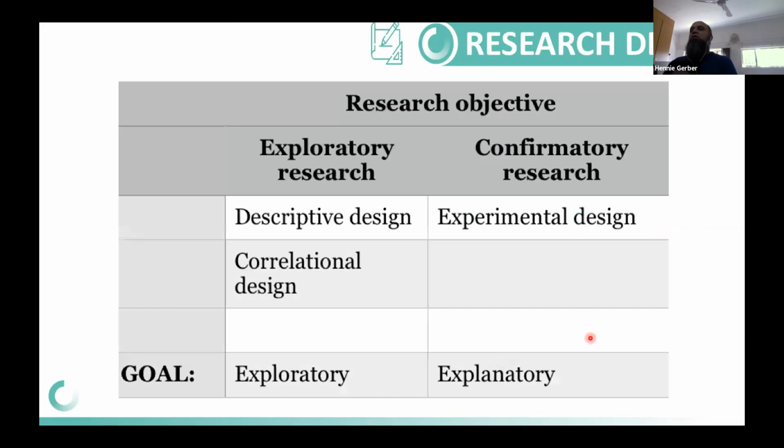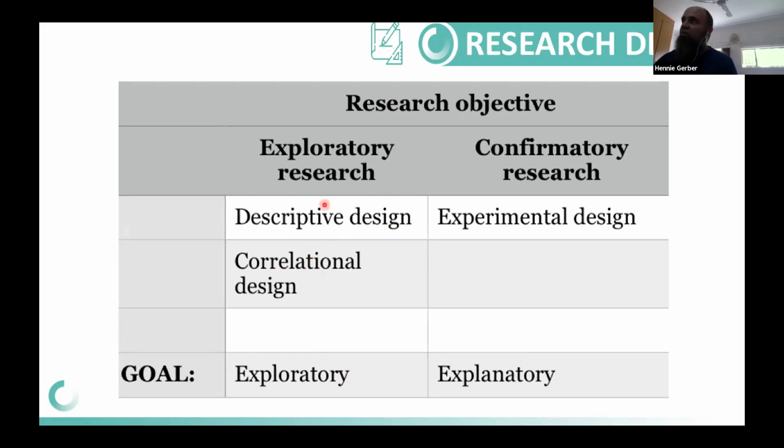Let us look at this table here. If your goal is exploratory, and remember now, I'm talking about the quantitative approach, specifically the quantitative approach. If your goal is exploratory research, you can either have a descriptive type of research design or a correlational type of research design.